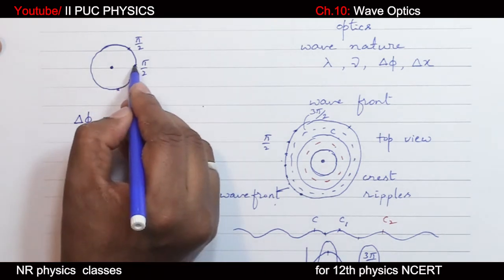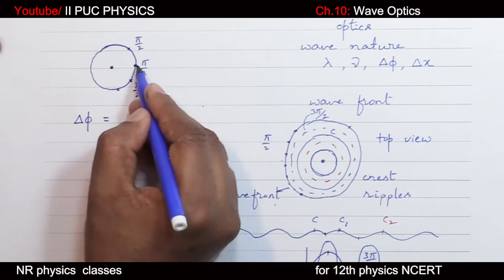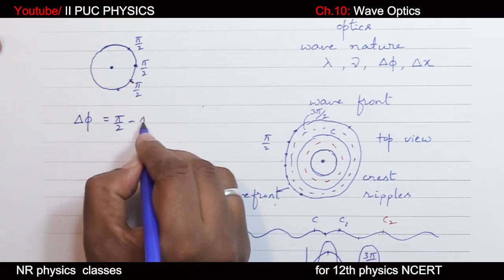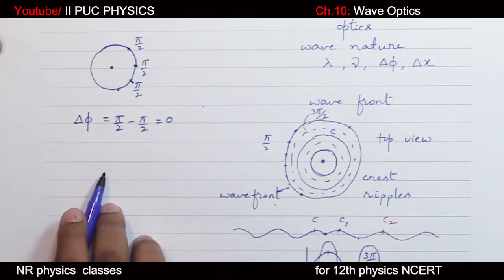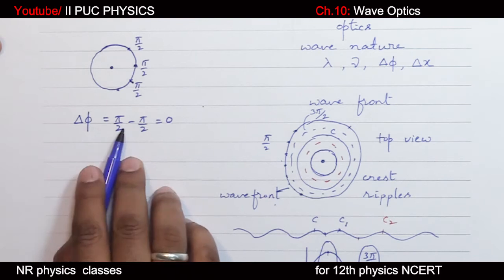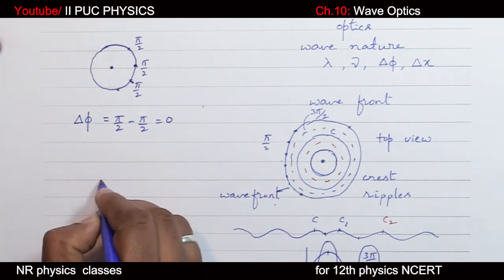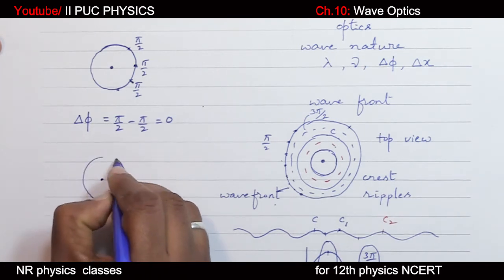See, the phase of this is pi by 2. The phase of this is pi by 2. So the difference of these two is 0. Pi by 2 minus pi by 2 equal to 0. So the phase difference between any two points on a wavefront is 0.